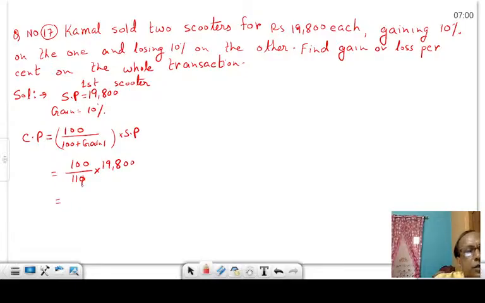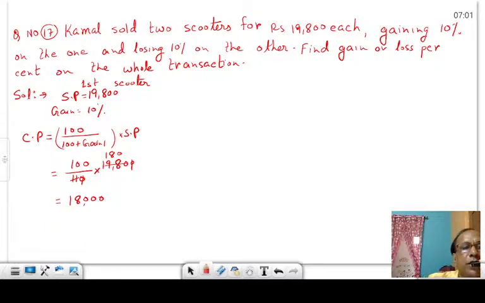This 0 and this 0 will cut. 11 ones are 11, 11 eights are 88, 0. That is, we are getting 18,000. That means cost price is 18,000 for one scooter.